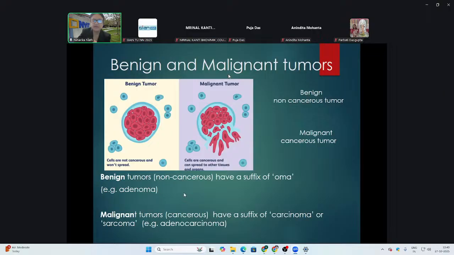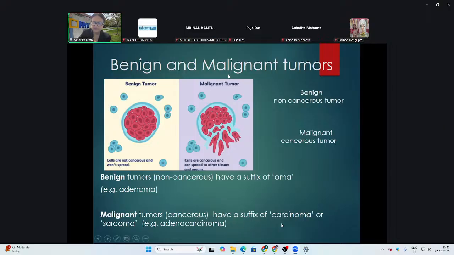It will end with an oma. That means it's contained. It's not so serious right now, and it can be taken care of quickly. But if it is a malignant tumor and it has the capability to spread, then it will have the name of carcinoma, or sarcoma, such as adenocarcinoma.